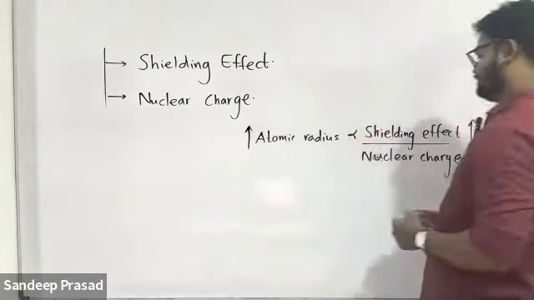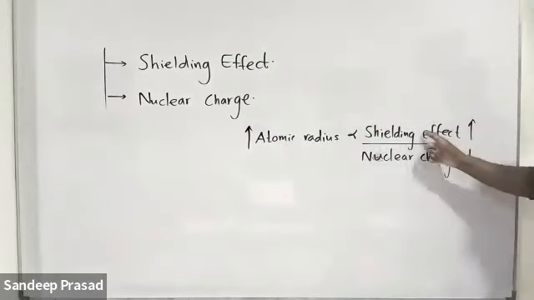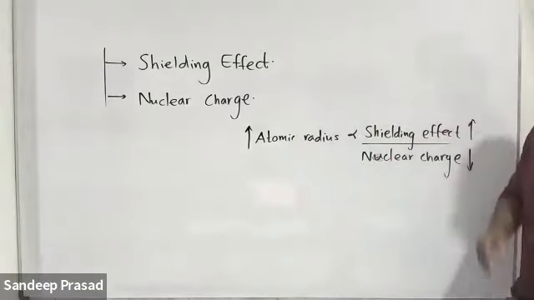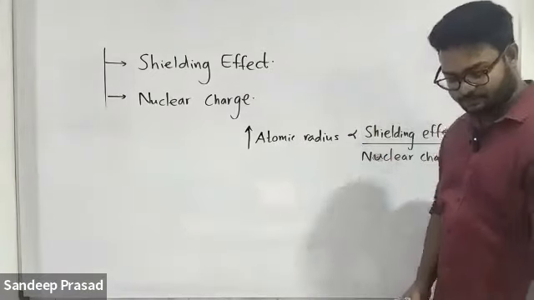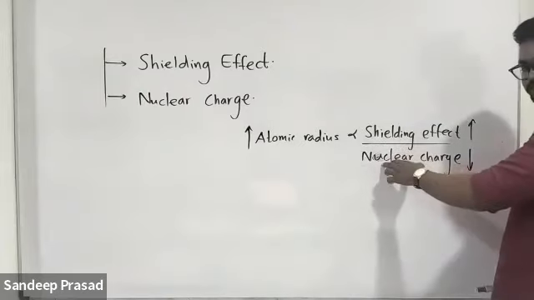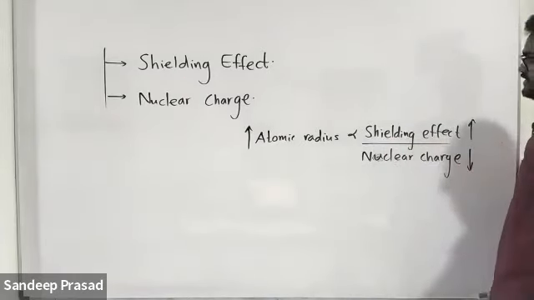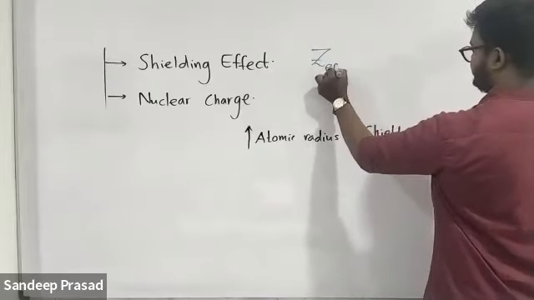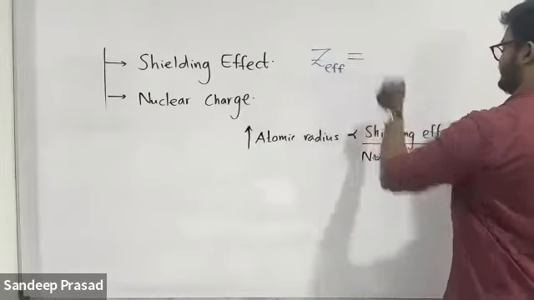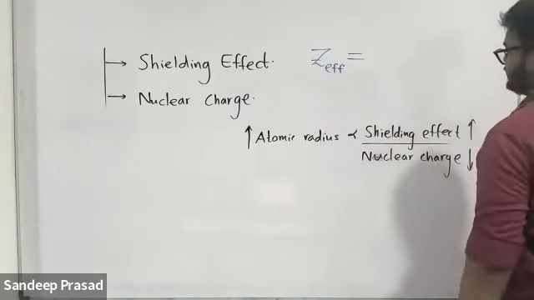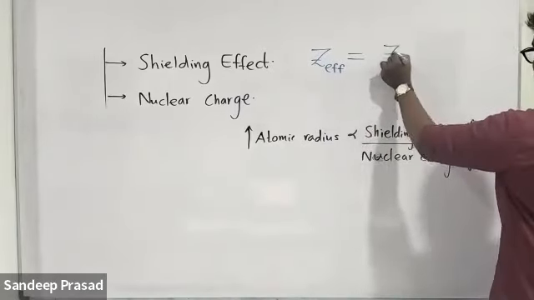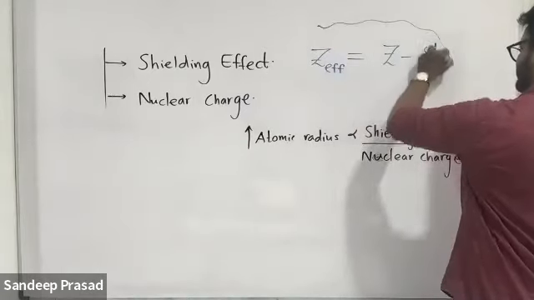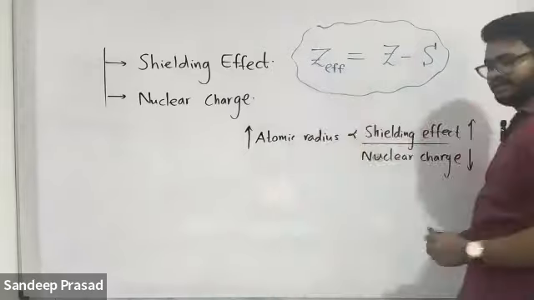So these are the two parameters we use to compare the atomic radius, right? Then I told you that by combining these two factors, shielding effect and nuclear charge, we can take the effective nuclear charge, Zeff. Effective nuclear charge is equal to Z minus S, that is, nuclear charge minus shielding effect.